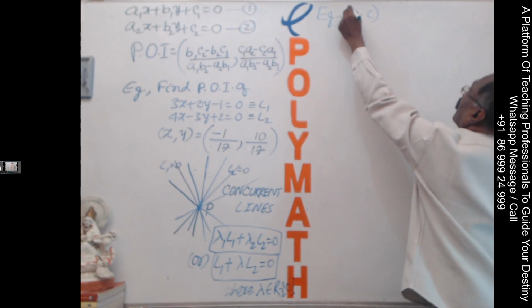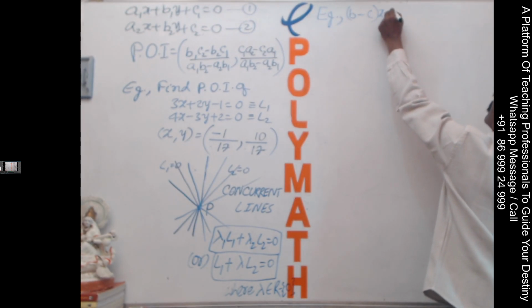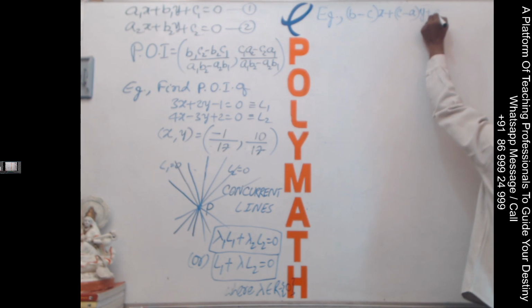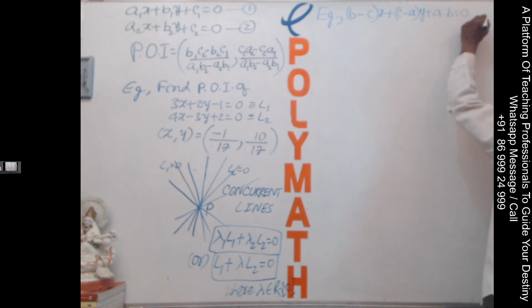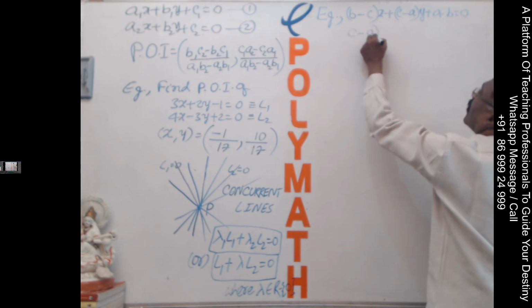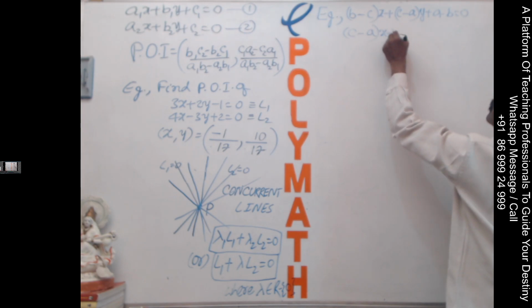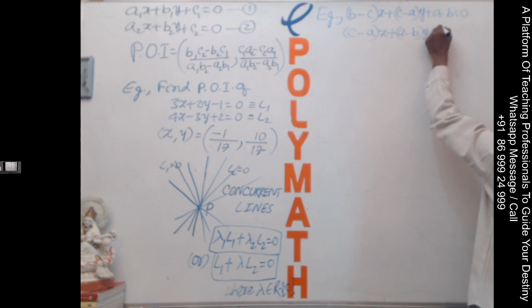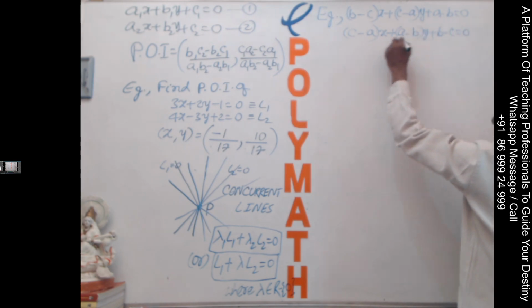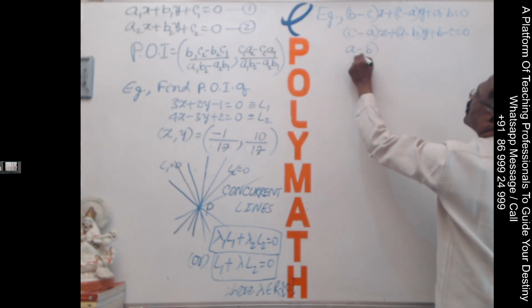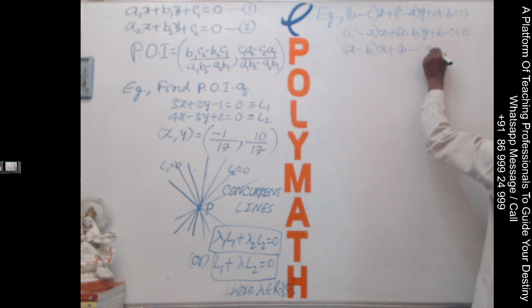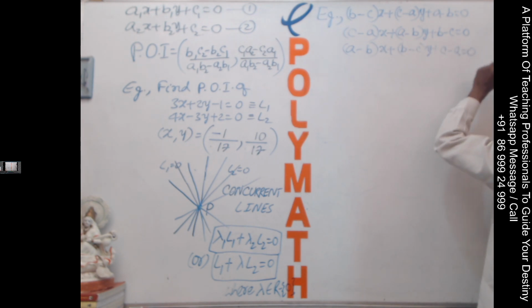B minus C into X plus C minus A into Y plus A minus B is equal to 0. C minus A into X plus A minus B into Y plus B minus C is equal to 0. A minus B into X plus B minus C into Y plus C minus A is equal to 0.